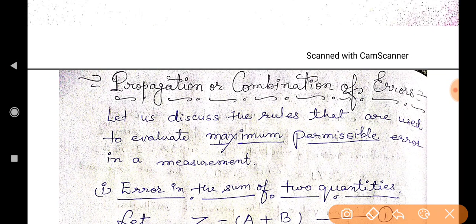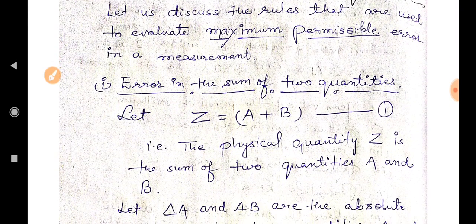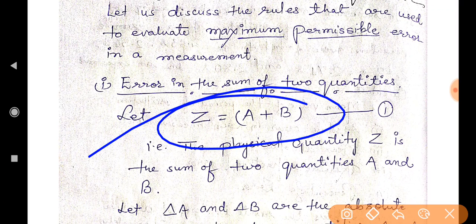Let us first start with error in the sum of two quantities. Suppose we are taking a physical quantity z, which is the sum of two other quantities a and b, given by z equals a plus b.